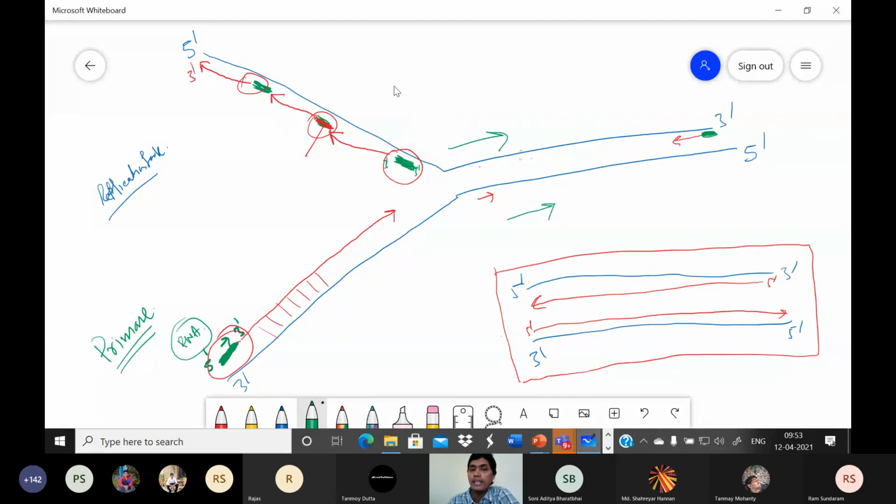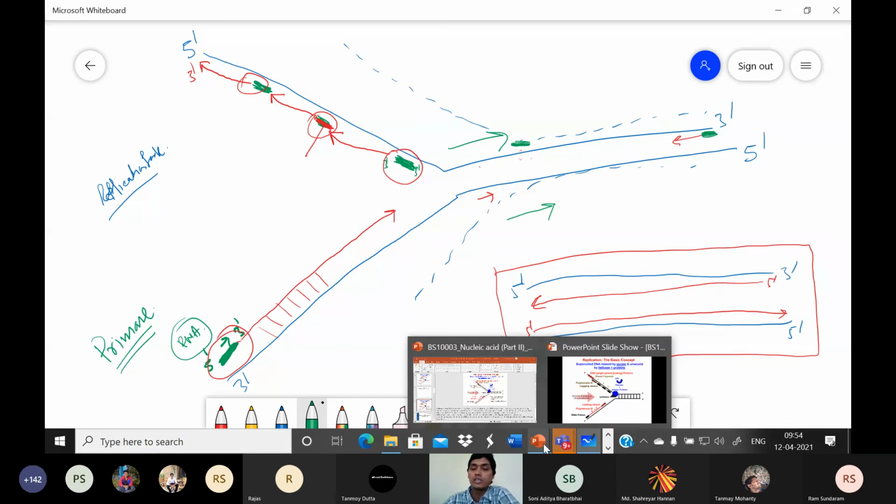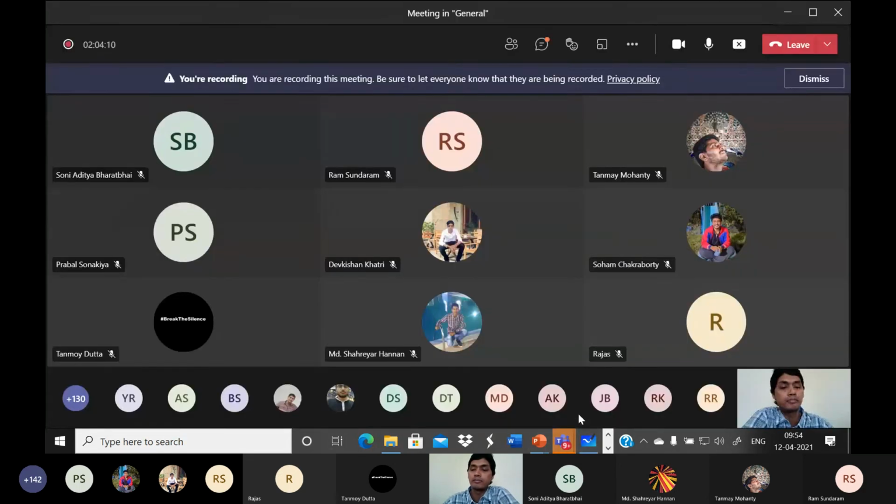A little bit later, when the position is something like this, I'm drawing a dotted line here, another RNA primer can sit here because then this is available. But the rest of the portion is still a double-stranded helix, so it is not available. That's why synthesis on this strand happens in small portions, and that's why it is called the lagging strand. It lags behind and goes slowly. So that's the reason.